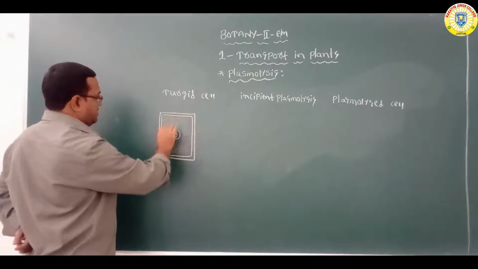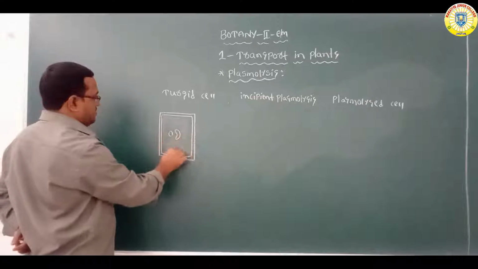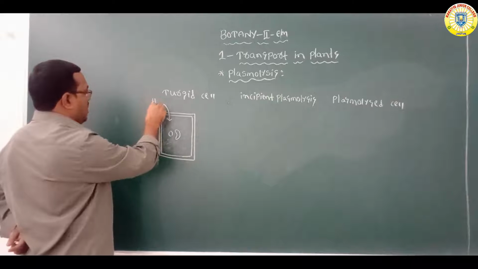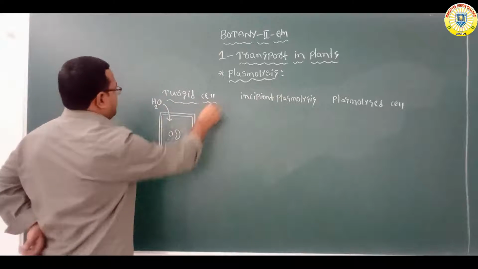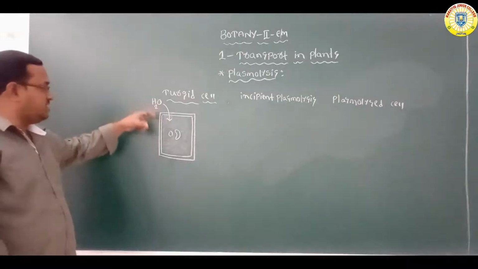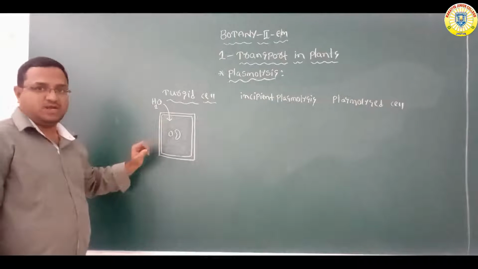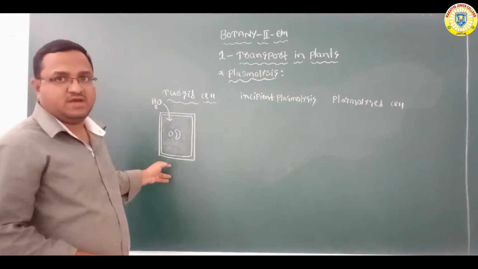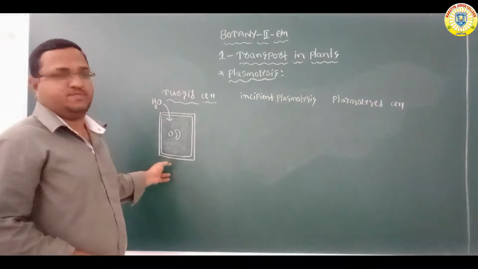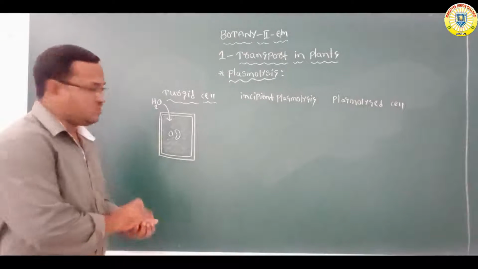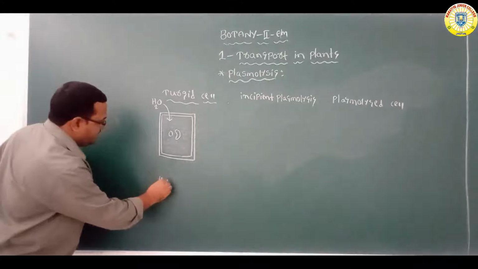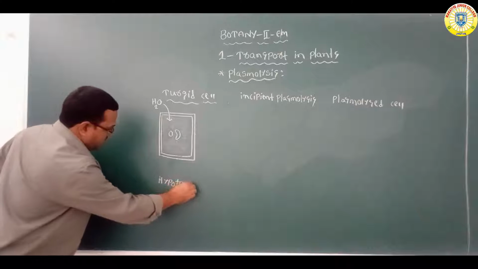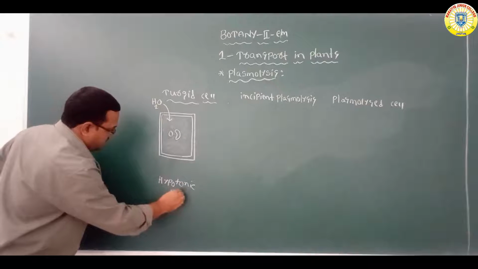How does it happen? By the entering of water. In a turgid cell, water enters the cell and it becomes swollen. This is a turgid cell, whenever the cell is kept in hypotonic solution.